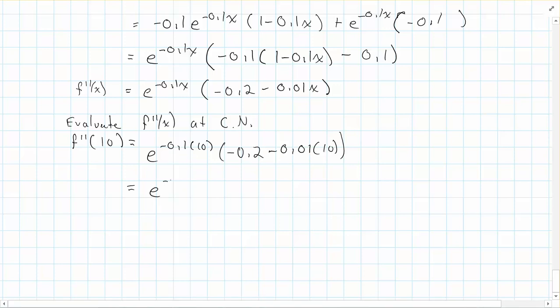So we have e to the negative 1, and then we've got negative 0.2 minus 0.01 times 10, so this would be negative 0.21, I believe.